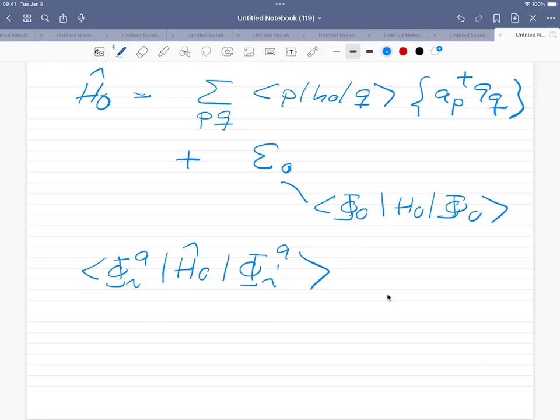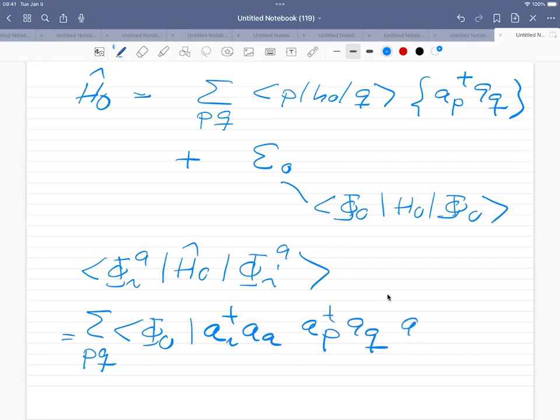So when I look at a one particle, one hole excitation, what I'm going to need to calculate is just phi 0, and then I have the sum over P and Q, the state a_i dagger a_a, the operator, and then my ket state, multiplied with a matrix element, the integral with P and Q.